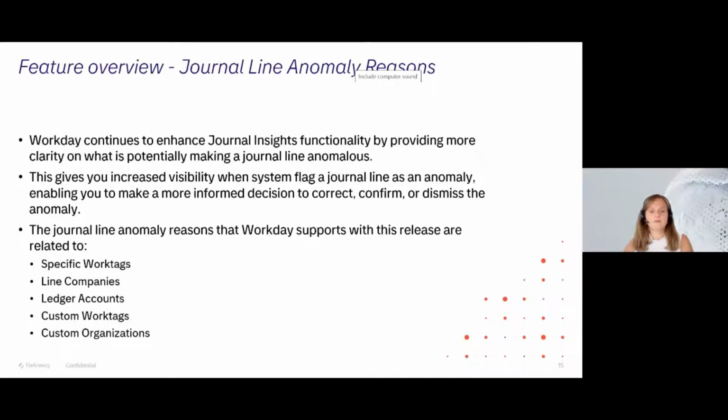And in this new field, you will get the primary reason why Journal Insights believes that the line is anomalous compared to your historical data. And also with this feature, the system is now able to identify reasons related to a much broader set of potentially incorrect work tags, line companies, ledger accounts, custom work tags, and custom organizations used on your journal lines.